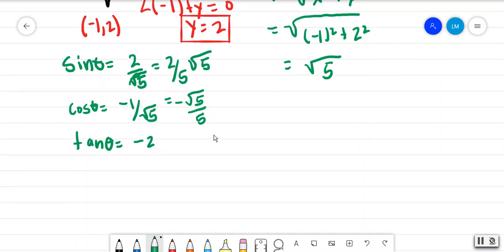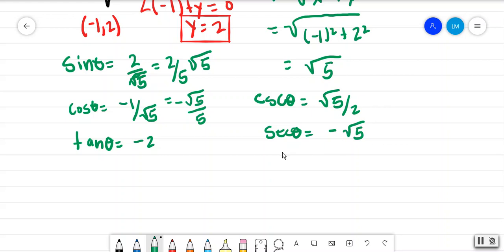Now for that matter, that tells you that the remaining functions, like cosecant of theta, well, that's just going to be root 5 over 2, and then secant of theta is going to be negative root 5, and then cotangent of theta is going to be -1/2.